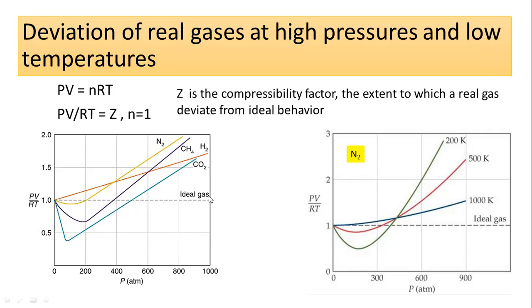The dotted line shown here is the ideal gas, and the value is 1.0, which is the value of Z. So when you increase the pressure, look at the value: it is not going to change. That means it will remain constant. If the gas follows this behavior, it is called an ideal gas.